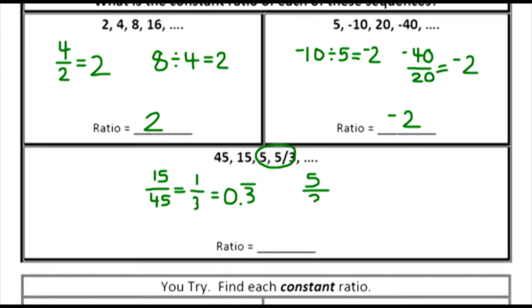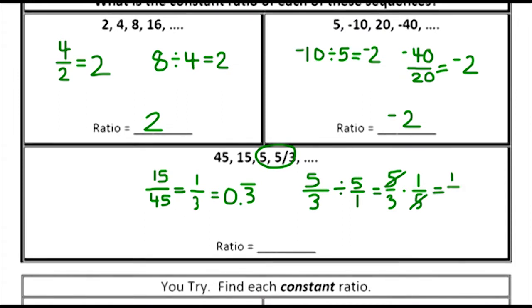I should get 5/3 times 1/5. If I simplify ahead of time, cancel those 5s, I'm going to end up with 1/3 as well. Again, either 1/3 or 0.3 repeating. Either one would work. Either one you could use to find the next term in the sequence.